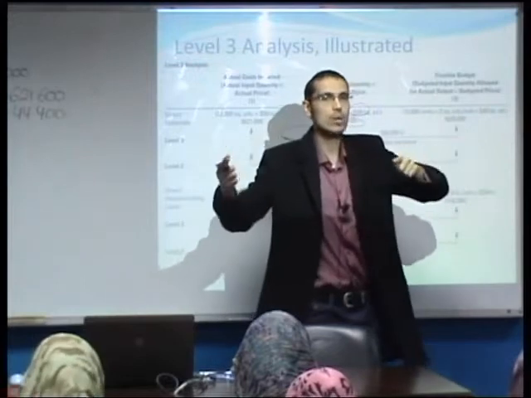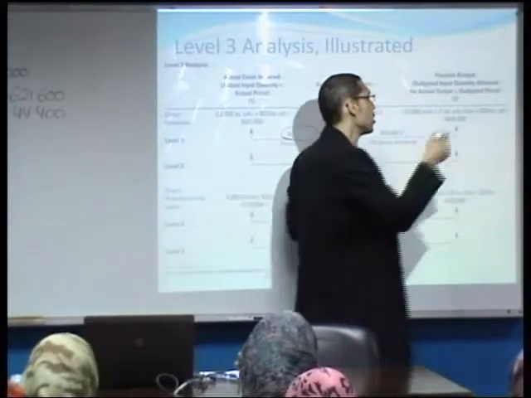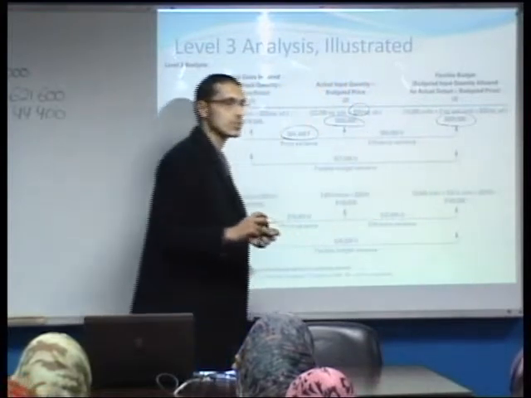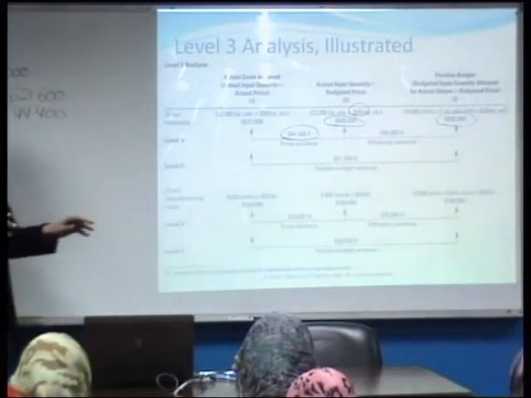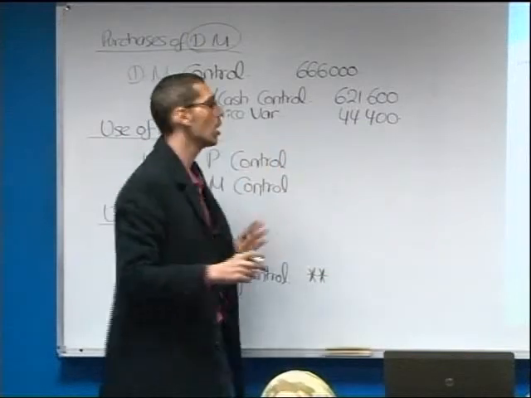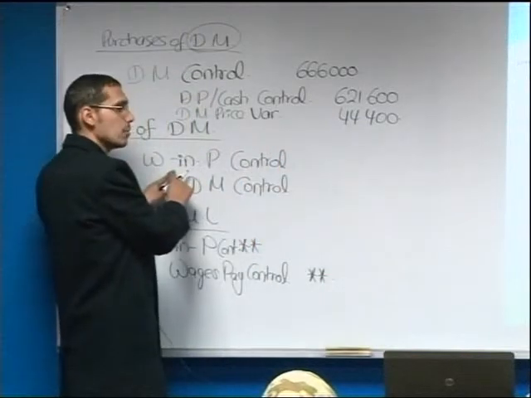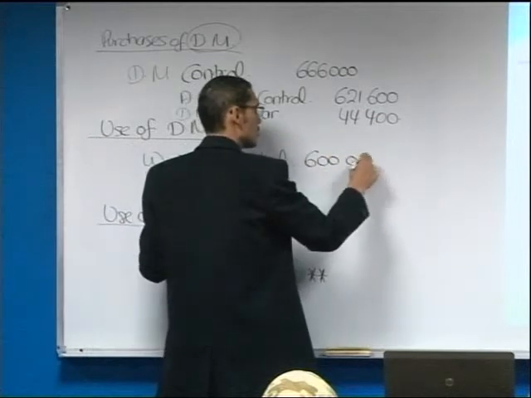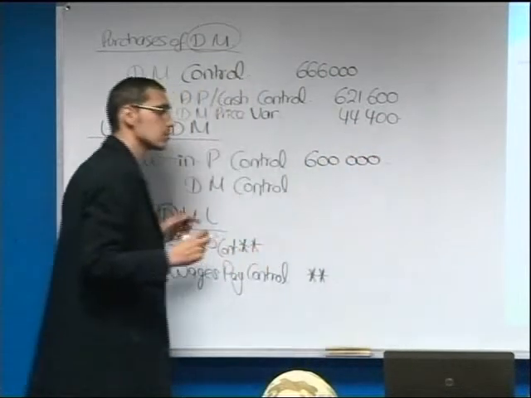Therefore, according to our standard, we should have incurred only $600,000. And according to our standard costing, this is exactly what we are going to do. We are going to debit the work in process by the amount of $600,000.